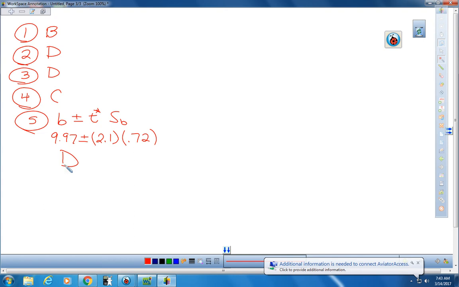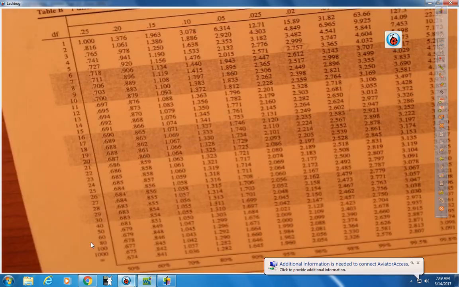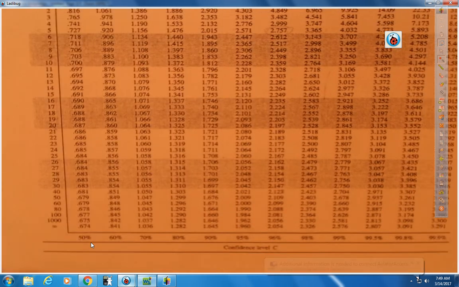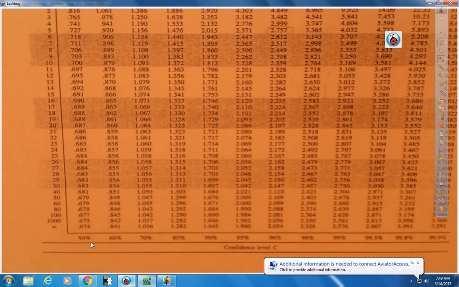All right. So here's T critical values that we use. So anywhere within here, we would use these for a 95% confidence interval based on degrees of freedom, right? Okay. This is how we pick a critical value.